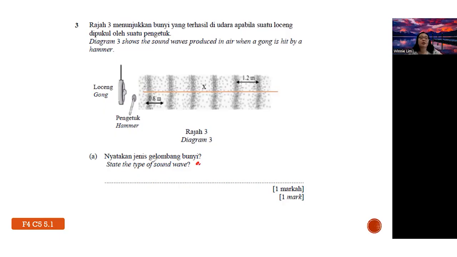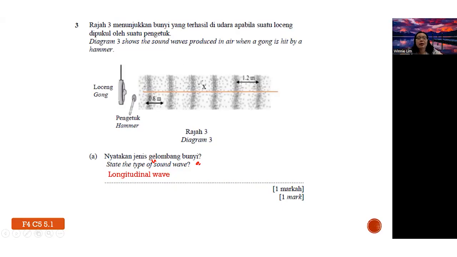So sound wave is basically longitudinal wave. You just write longitudinal wave will do. And the only example of longitudinal wave is basically sound wave. The rest of the waves, like electromagnetic wave, water wave, light wave, are all transverse waves. So what is a property of longitudinal wave?